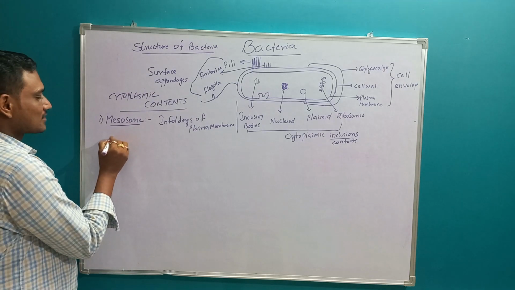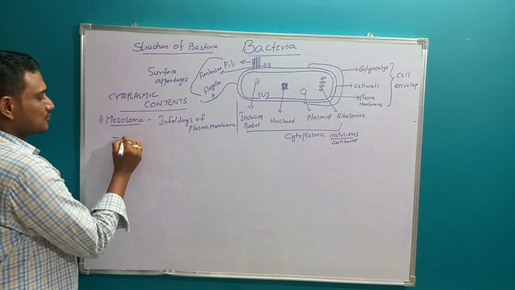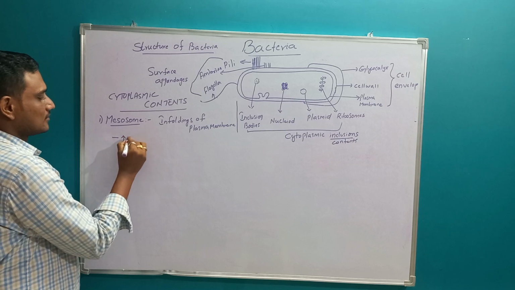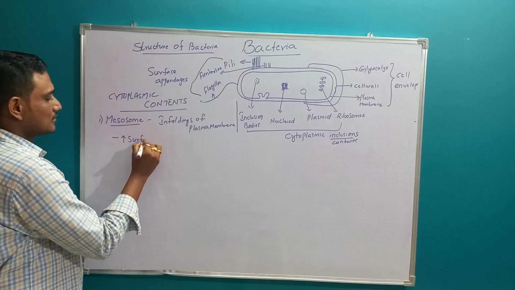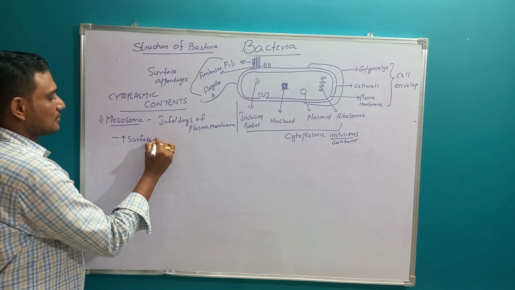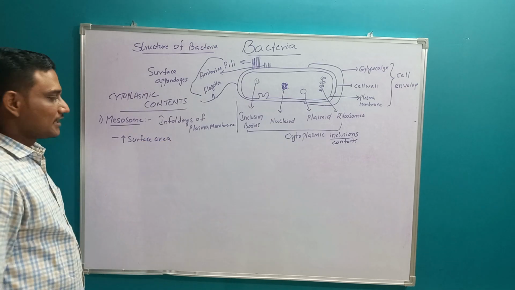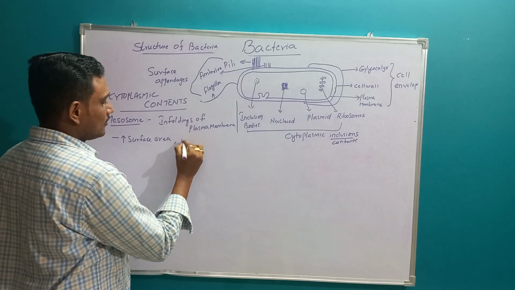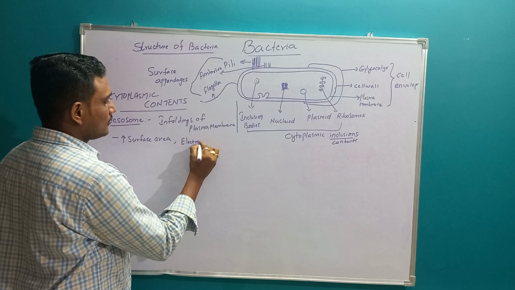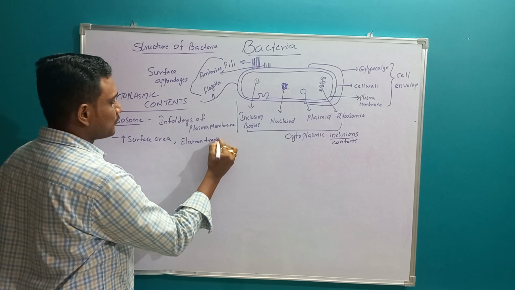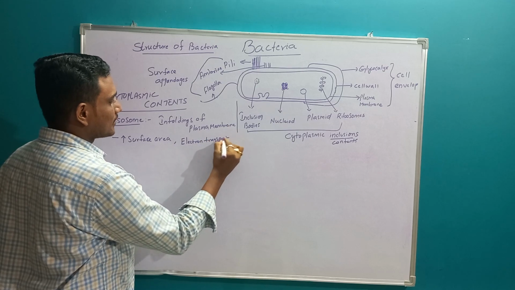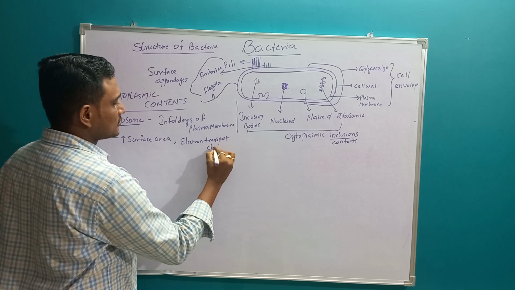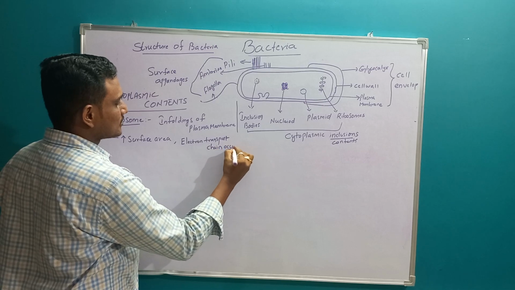The main functions of mesosome: it increases surface area, and the electron transport chain occurs here.